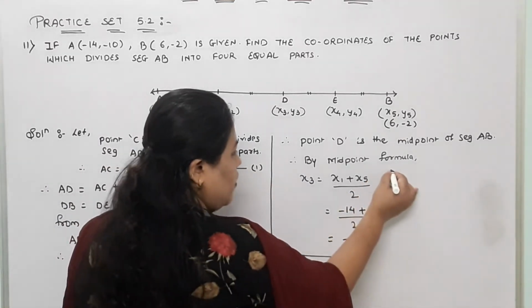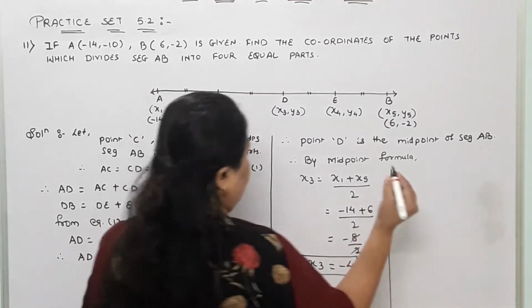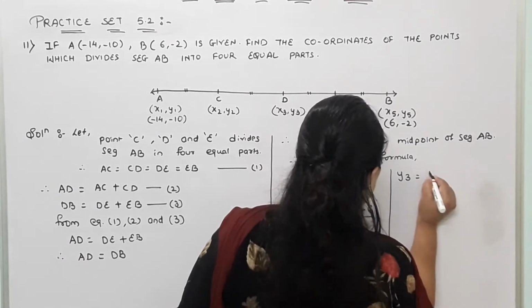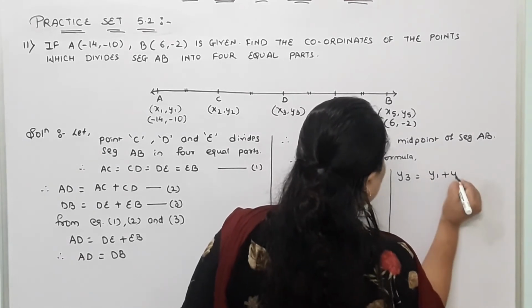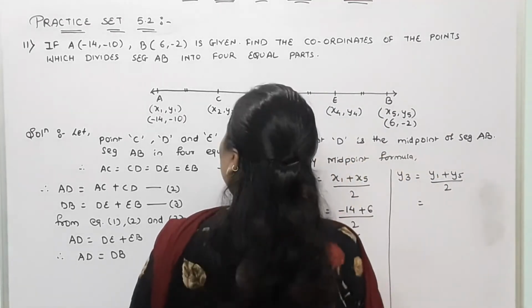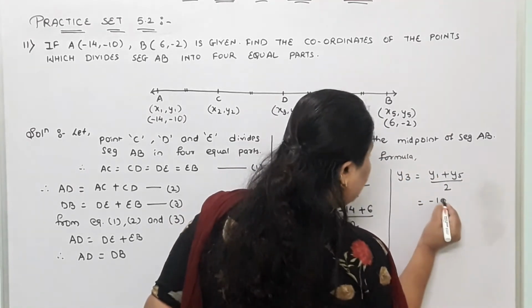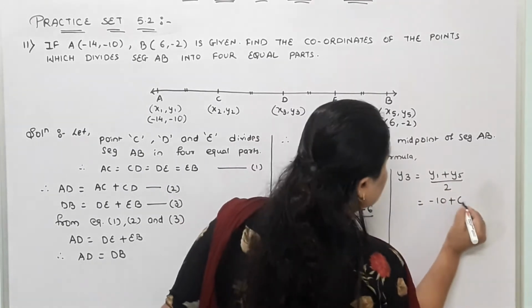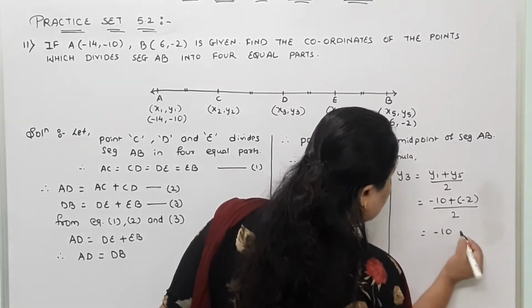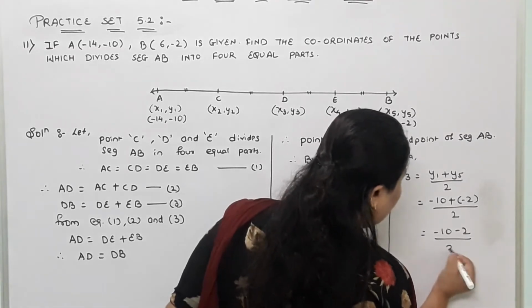Same way, here we can calculate for y3. y3 is equal to (y1 plus y5) upon 2. So what is y1? It is minus 10 and y5 is minus 2 upon 2. So (-10 minus 2) upon 2.